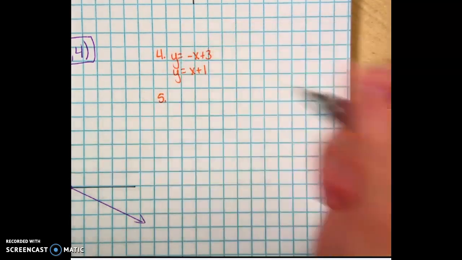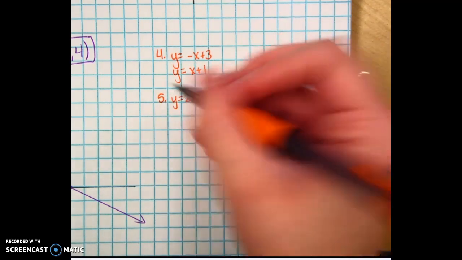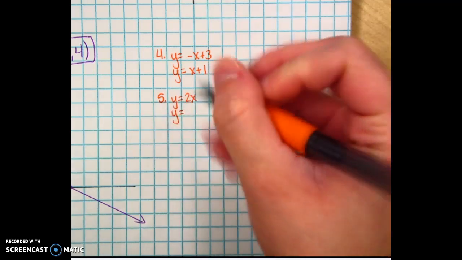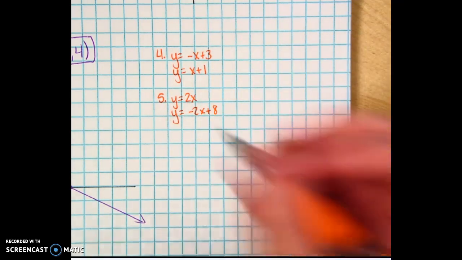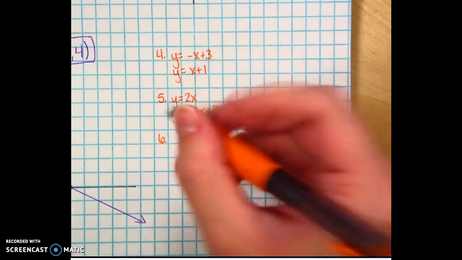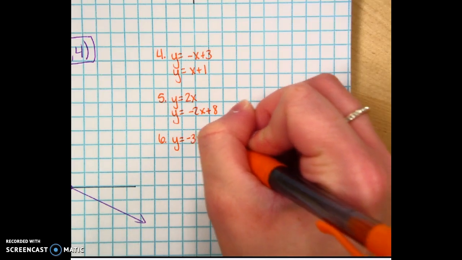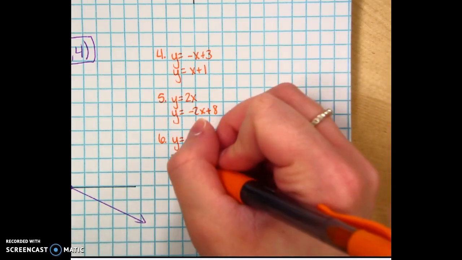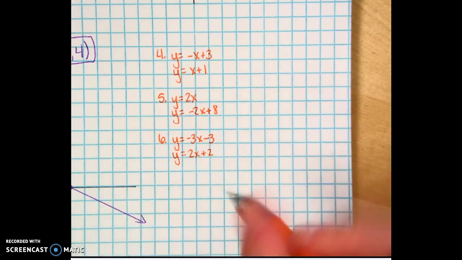Number 5 will be y equals 2x and y equals negative 2x plus 8. And number 6 is y equals negative 3x minus 3 and y equals 2x plus 2.